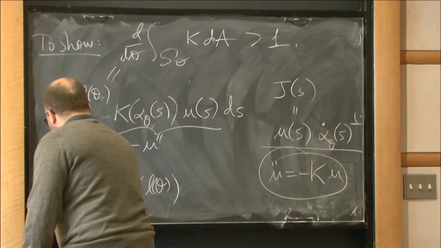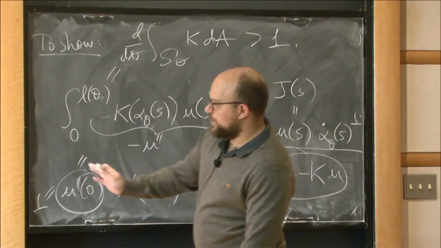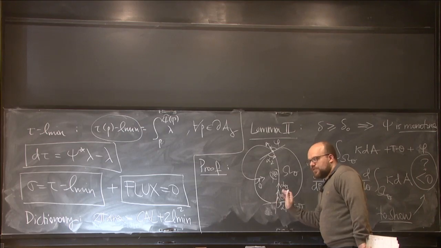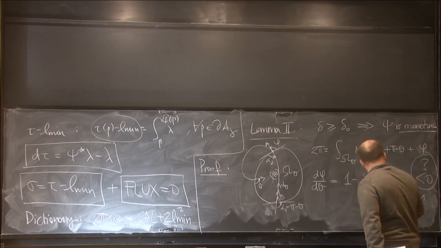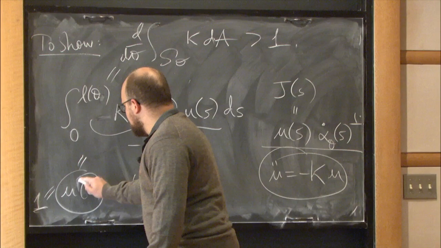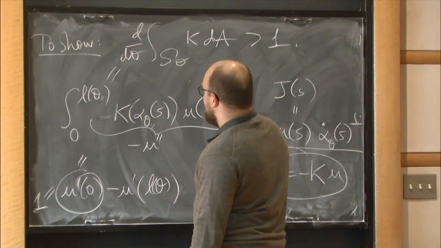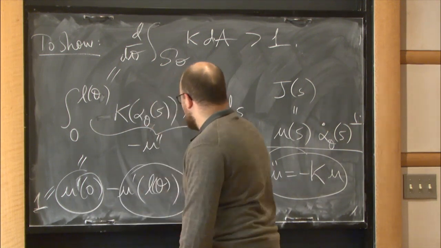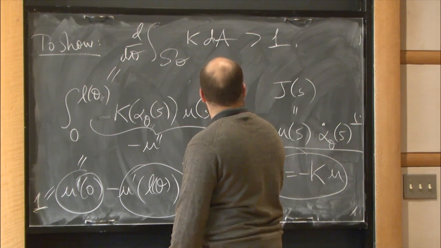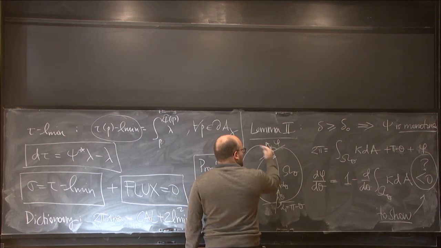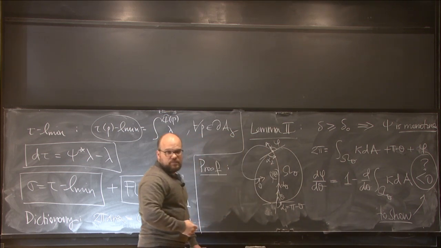And this is equal to 1, because this is a Jacobi field that comes from a variation where the base point is fixed, just rotating the unit vector like that. So we have this initial condition for the derivative. And we want this to be bigger than 1, so if this is equal to 1, we want u prime of L theta to be negative. So you want to show that the Jacobi vector field, when you look at what happens at this point, is pointing to that side. That's all we need to show.